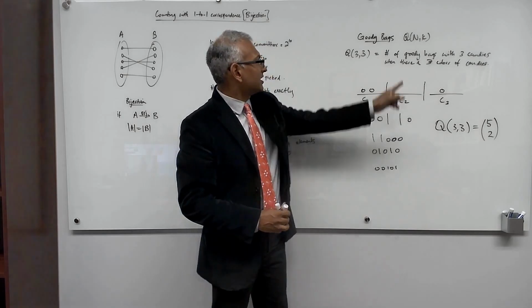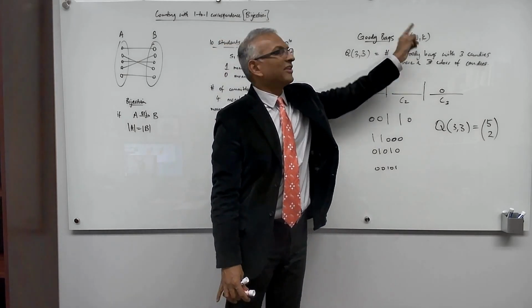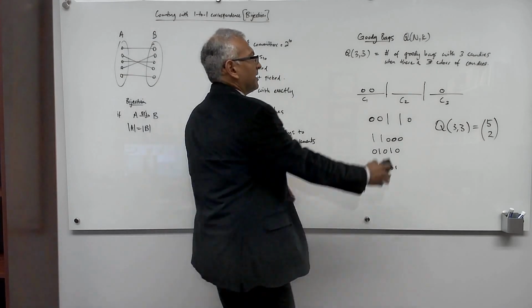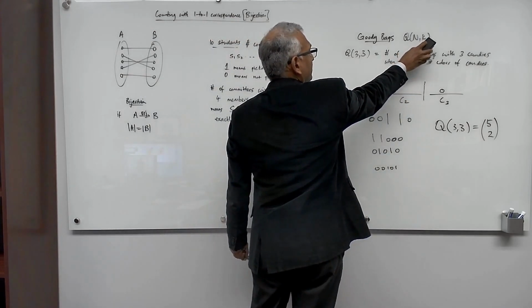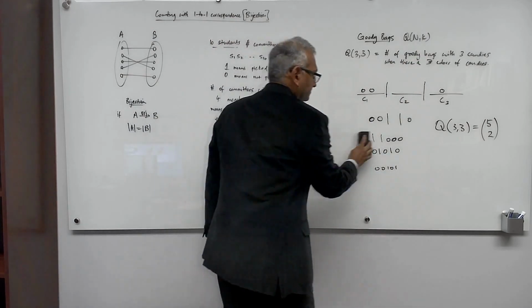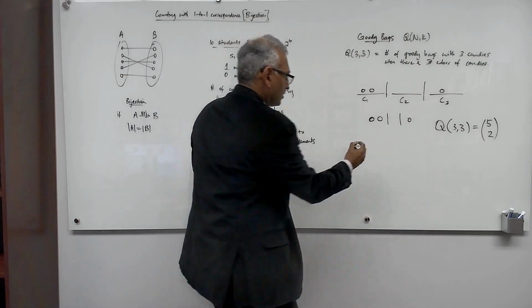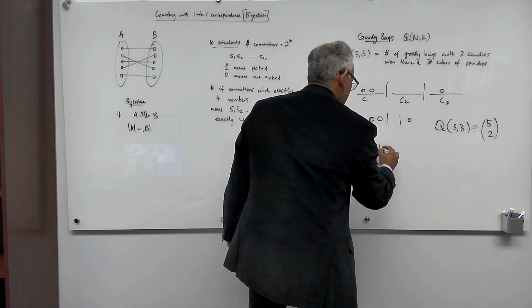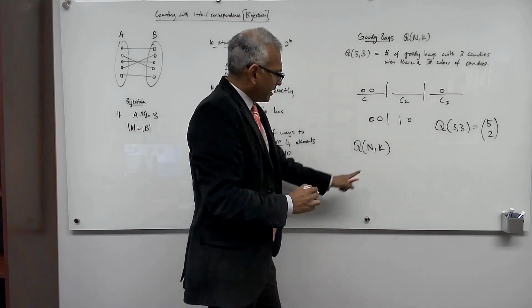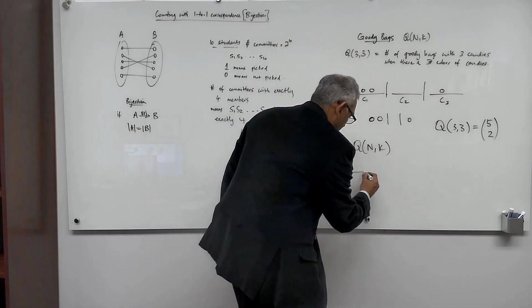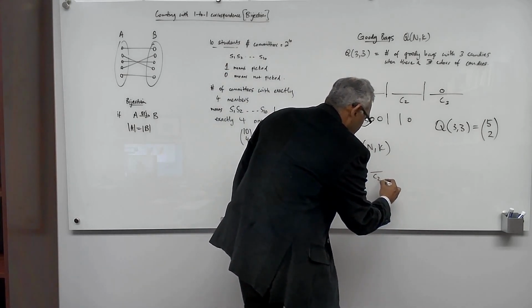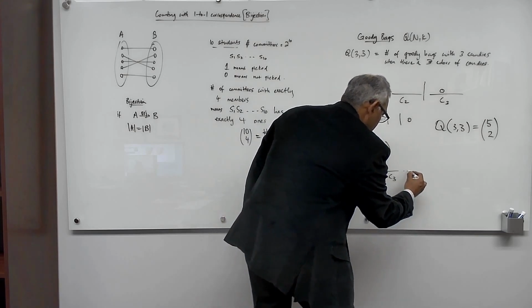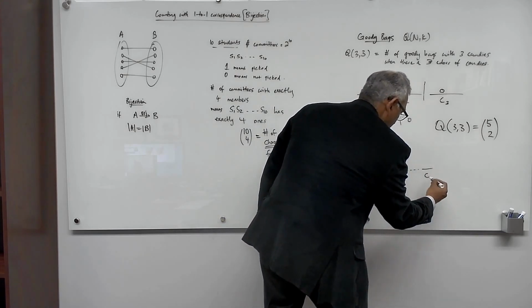Let us see if we can now go directly and compute Q of n, k, the number of goodie bags when you have n candies with k colors. Well, I have k colors, so I have color 1, color 2, color 3, up to color k.